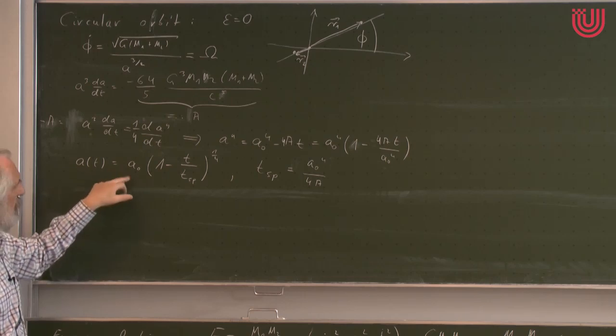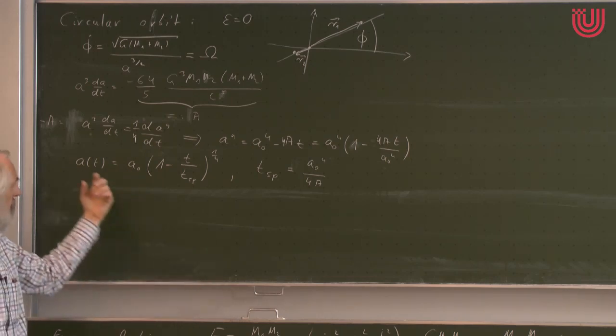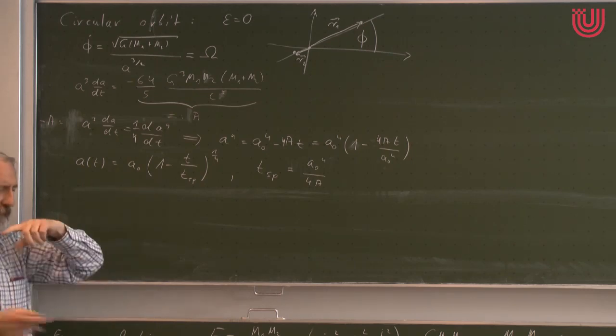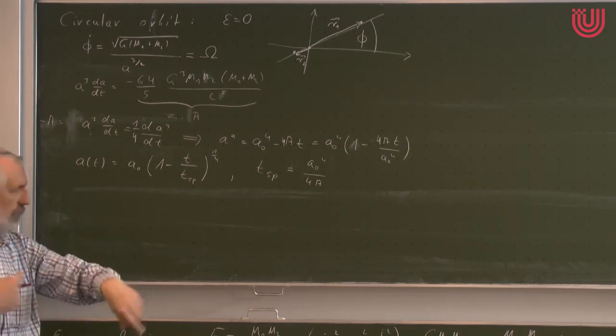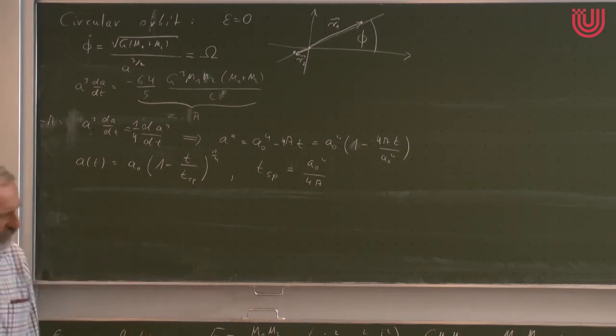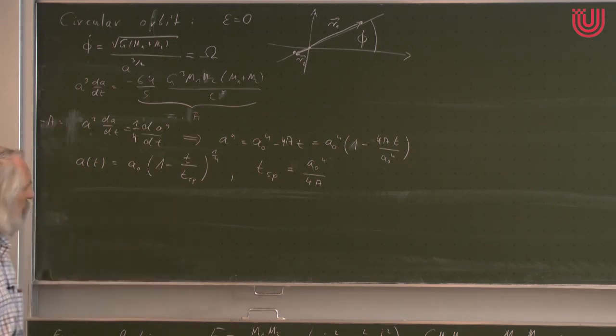Because if we start with a big radius, with a radius which is big in comparison to the Schwarzschild radii, this a of t will be more or less constant over a very, very long period. Typically, if you insert masses like that for the Hulse-Taylor pulsar, you get in-spiral times of millions of years. I think 600 million years it is for the Hulse-Taylor pulsar.